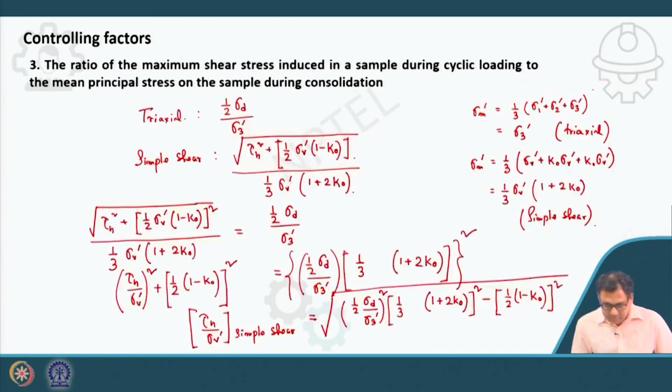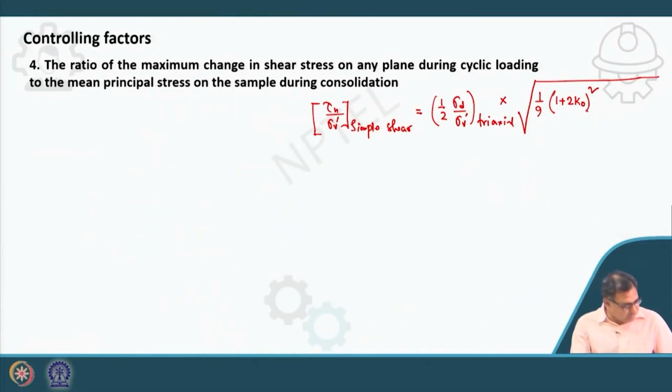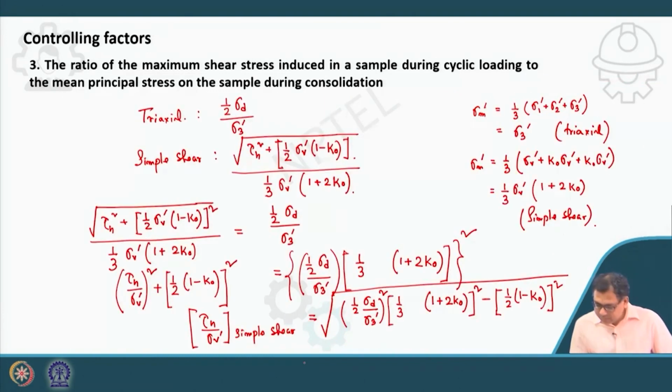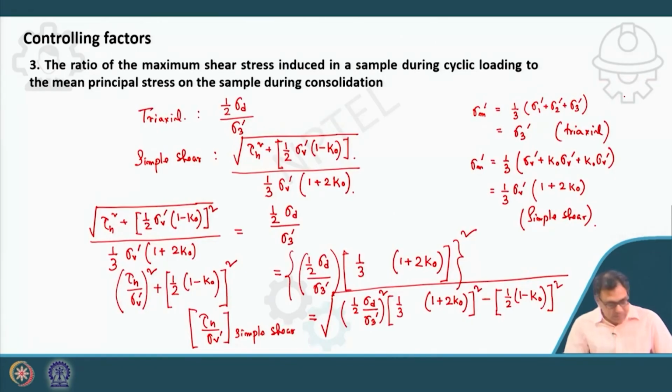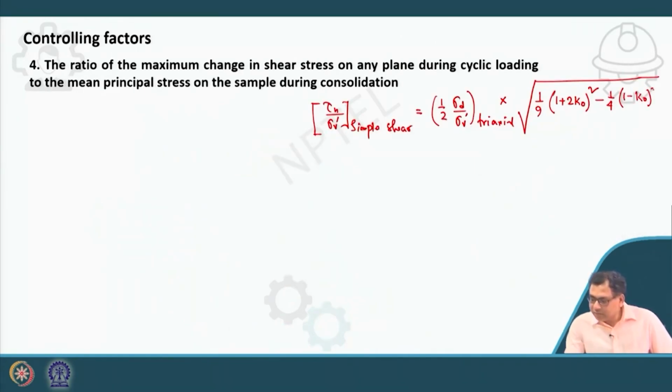So you can see, I am taking this term outside. So this is 1 by 9, 1 plus 2k0 whole square, minus 1 by 4, 1 minus k0 whole square, then divided by only this portion, half sigma d by sigma 3.